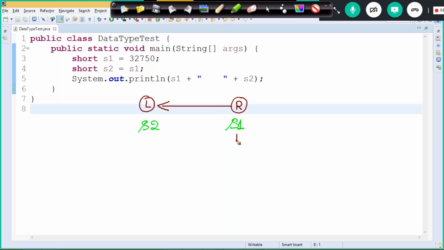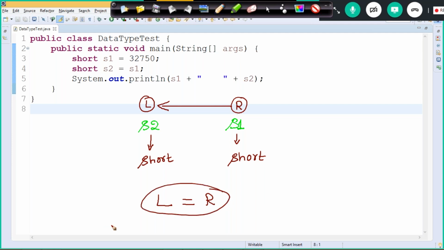So what is the data type of S1? The data type of S1 is short. The data type of S2 is also short. So it means the left side is equal to the right side. Perfectly possible. The rule is still okay, but it is not called typecasting because both data types are the same.